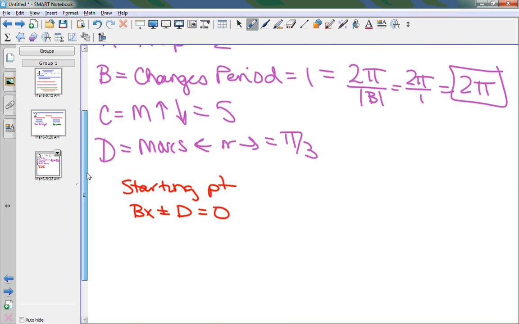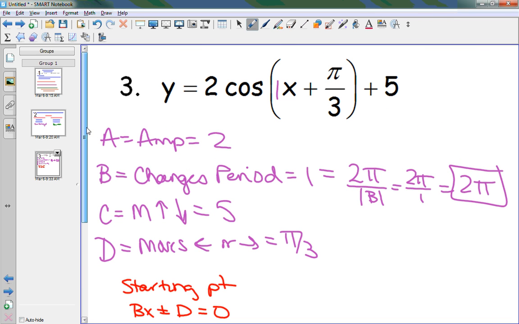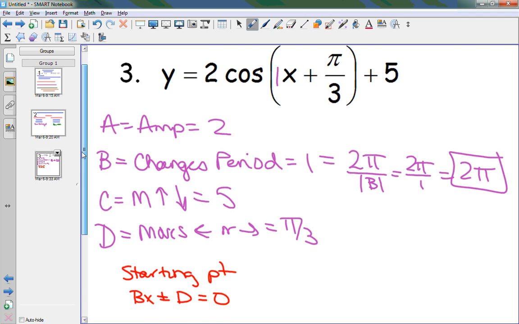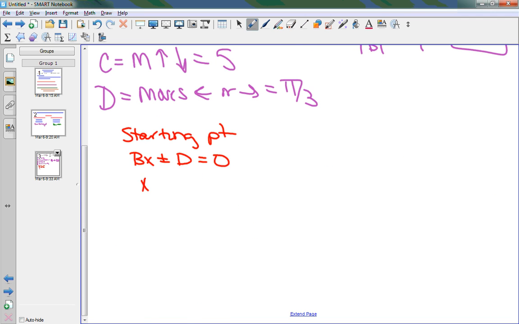So what is the jump in this case? Plus or minus. So it's going to be x plus pi over 3. Notice I put plus or minus d because it could be adding d units or it could be subtracting d units. In this case, what are we doing? We're adding d units. So I'm going to set this thing equal to 0. And now what do I need to do?